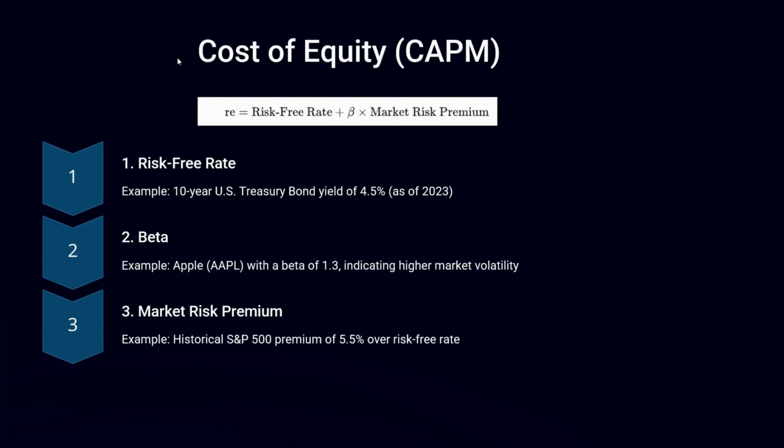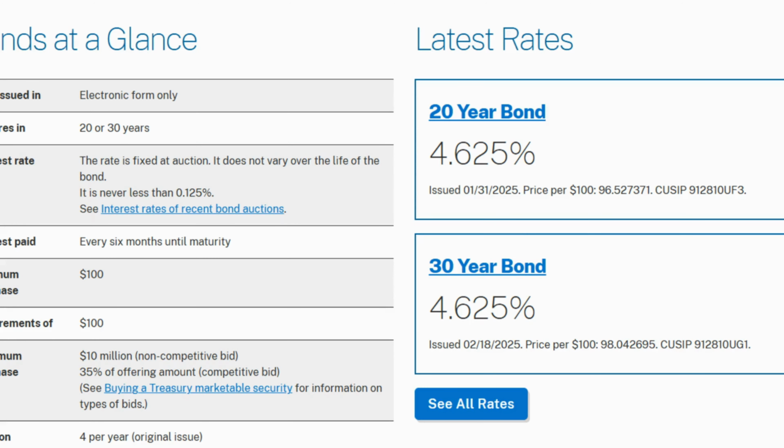First, let's start with the cost of equity. The cost of equity is calculated using the capital asset pricing model, which is the risk-free rate plus beta multiplied by the market risk premium. The risk-free rate is usually the yield on the 10-year US Treasury bond, and beta measures how volatile the stock is compared to the overall market.